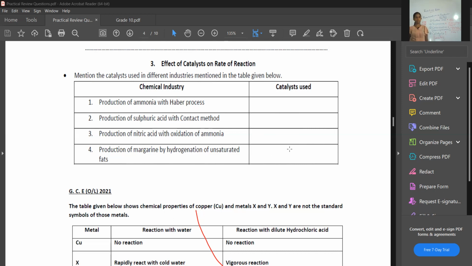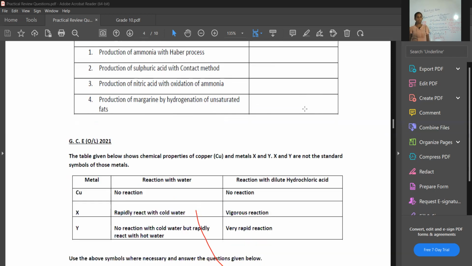So that is about catalysts. I told you they increase the rate of the reaction. If any substance decreases the reaction rate, it is called an inhibitor. And you have to remember these 4 industrial methods that use a catalyst.